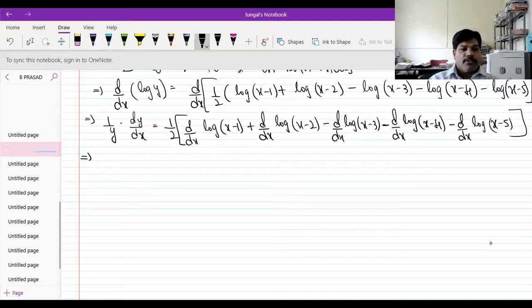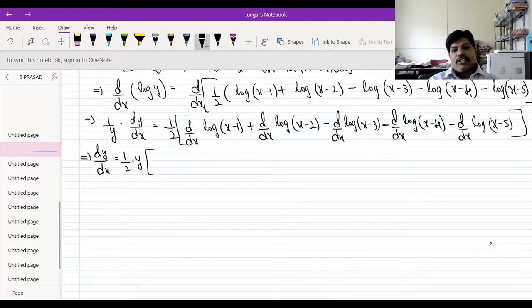So dy by dx is equal to y by 2, otherwise you can write it like this, 1 by 2 into y.